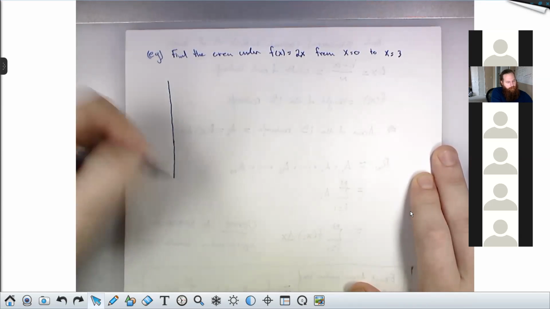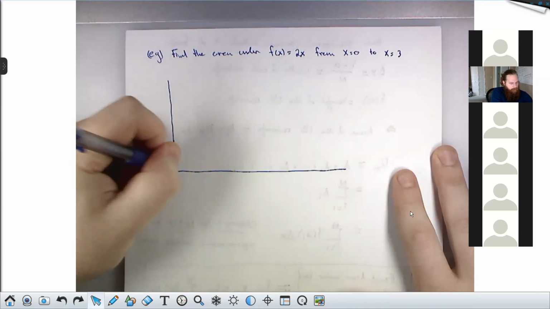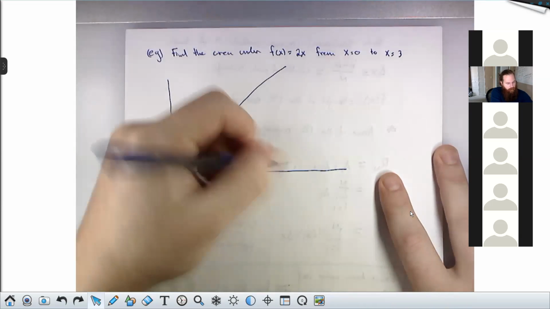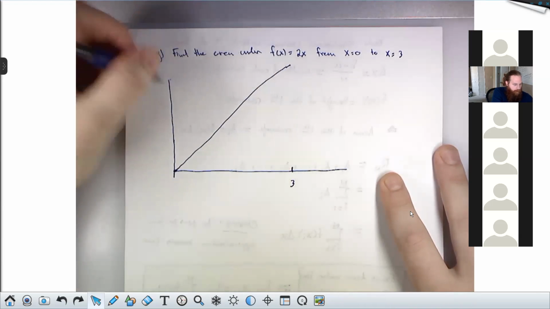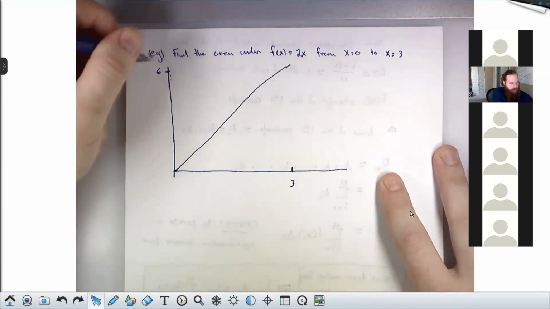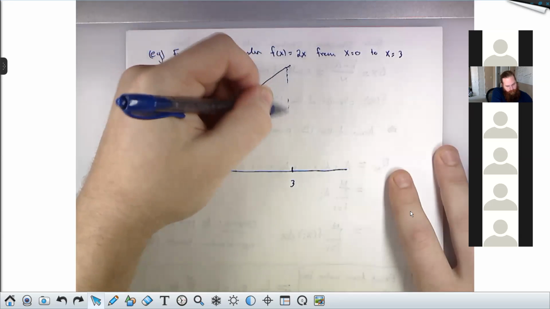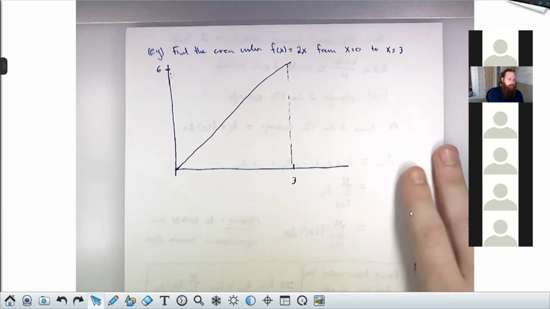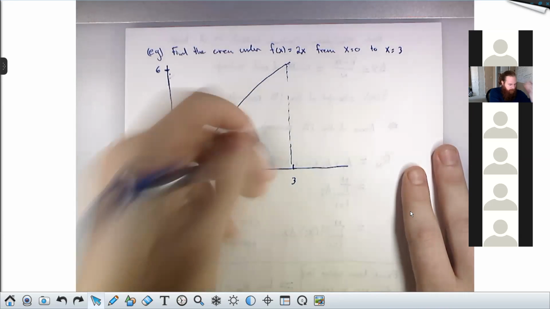I'm going to start by drawing the picture. f of x equals 2x, that's a line with slope 2 going through the origin. So I'm going to call this 3. And that means this height up here is 6 because the slope here is 2. So here's the area I'm after. And what you notice is that that's a triangle, right? The height is 6, the base is 3.